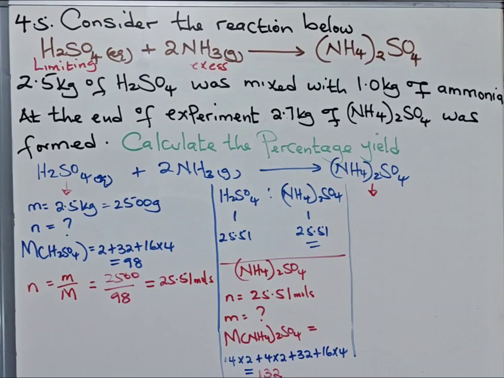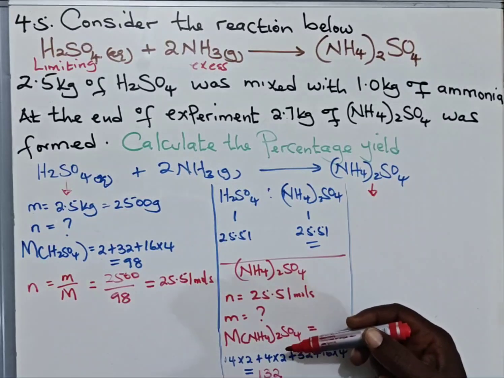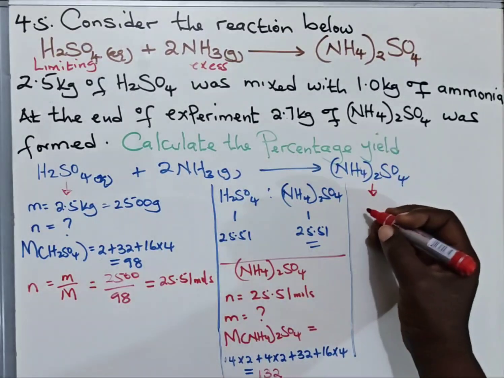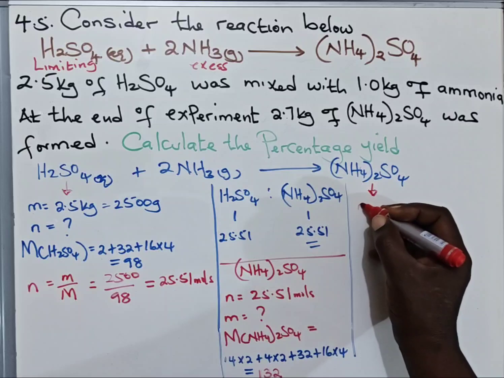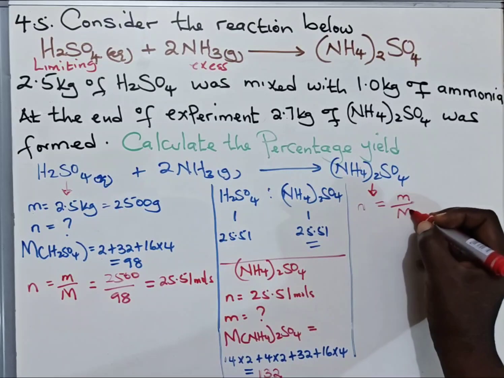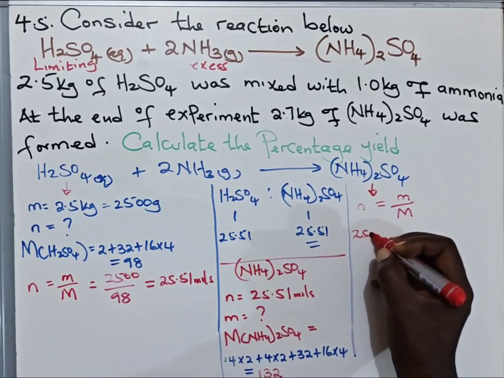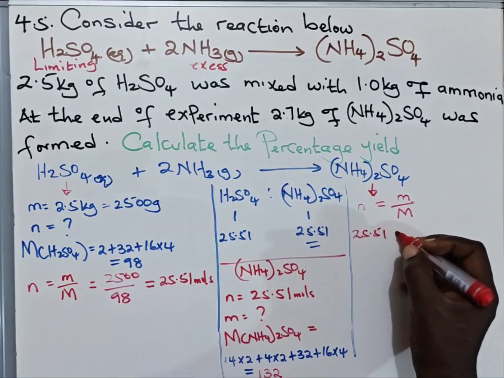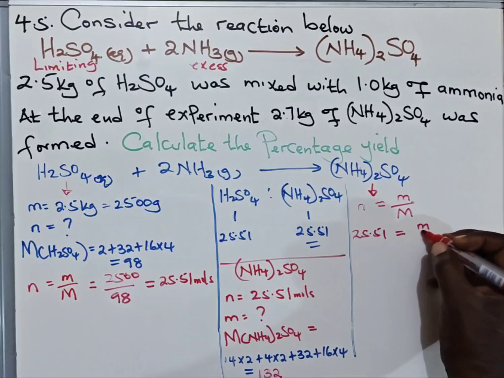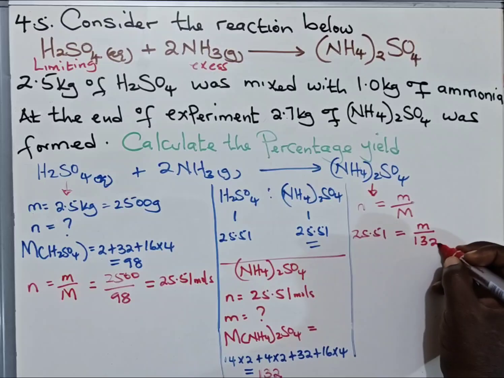After that, we can proceed and calculate our theoretical yield. You have the number of moles, you have the molar mass, and you want the mass. What's the equation? Number of moles is equal to mass over molar mass. Number of moles is 25.51, mass is wanted, but the molar mass is 132.